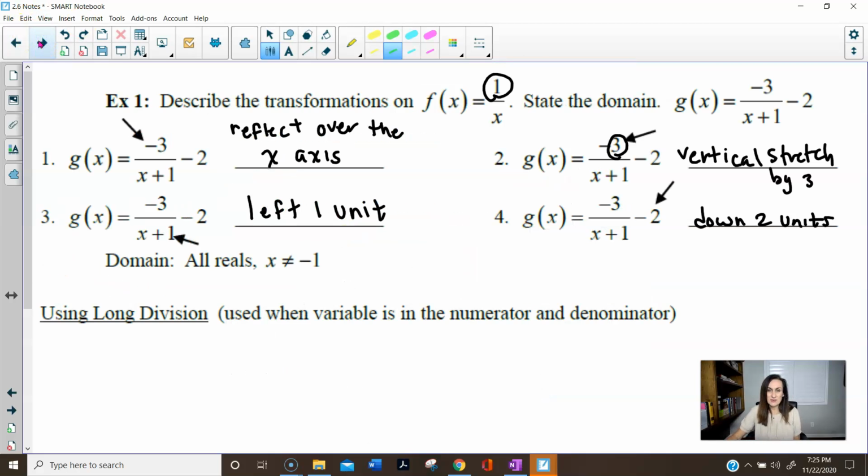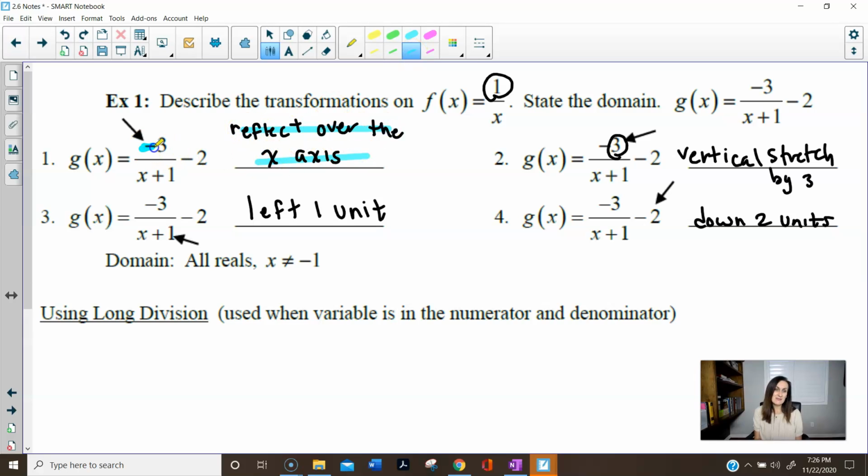We're looking at the transformations. We have f of x equals 1 over x. So looking at that, we are going to take that graph and we're going to shift, reflect, and stretch it, and then we will talk about the domain. So to the g of x, the negative up top could be moved out in front, which is actually a reflect over the x-axis.